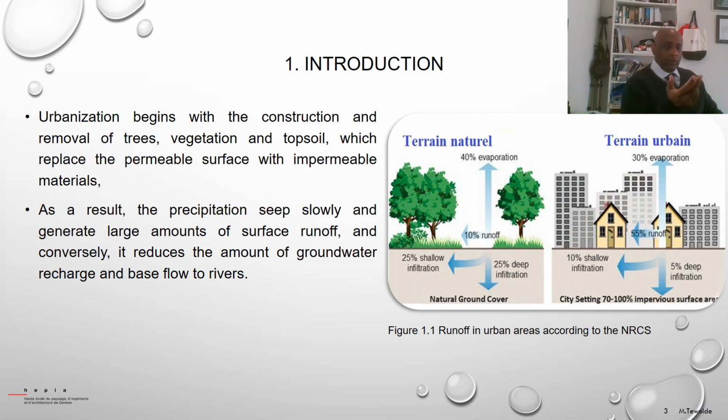So human activity will definitely change the natural process of rainfall. If we compare it with natural ground, only 10% of the falling rainfall goes as runoff. So there is a big difference between the urban area and natural ground surfaces.